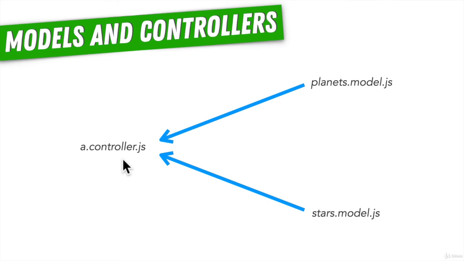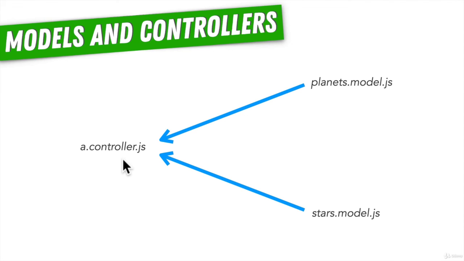So we can keep our planets model, for example, next to our planets controller. But as a general pattern, that doesn't make sense. We want to be consistent regardless of which data we're working with.